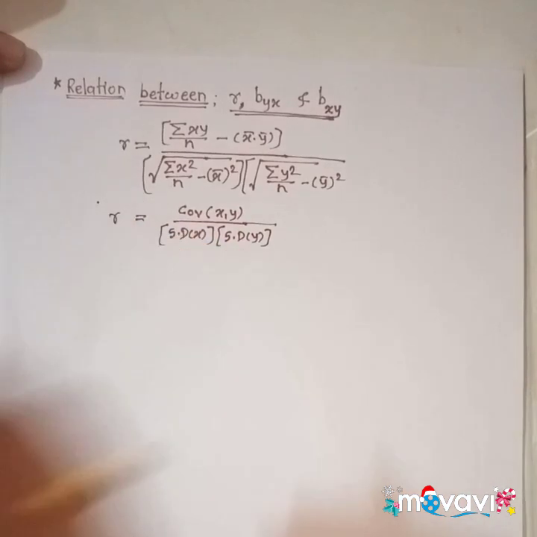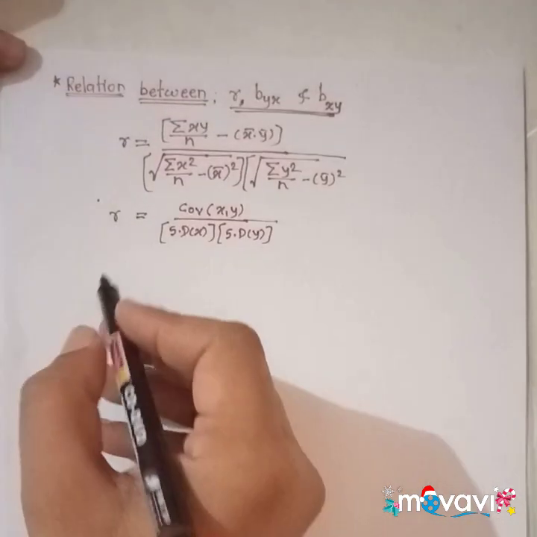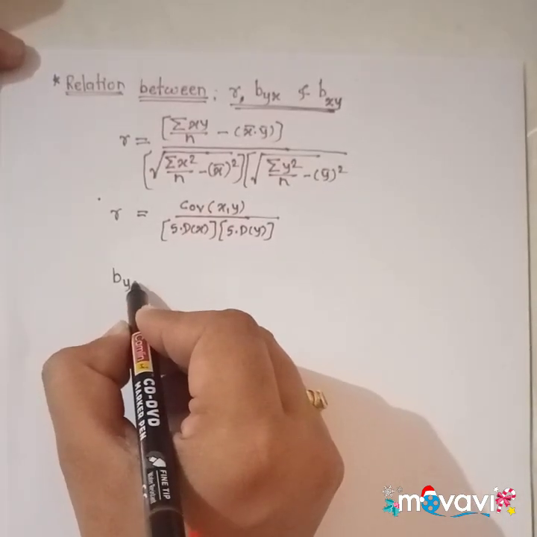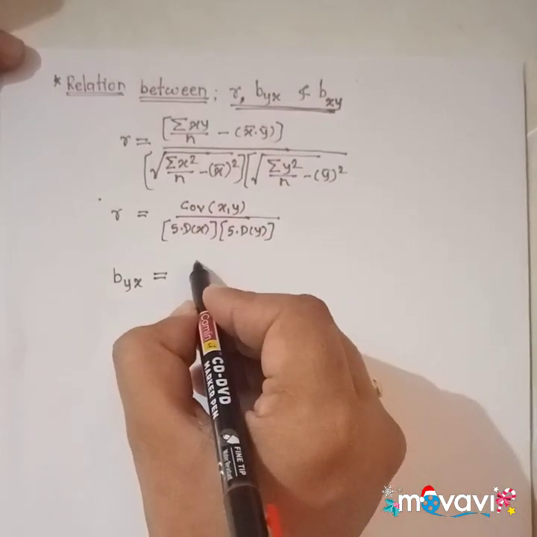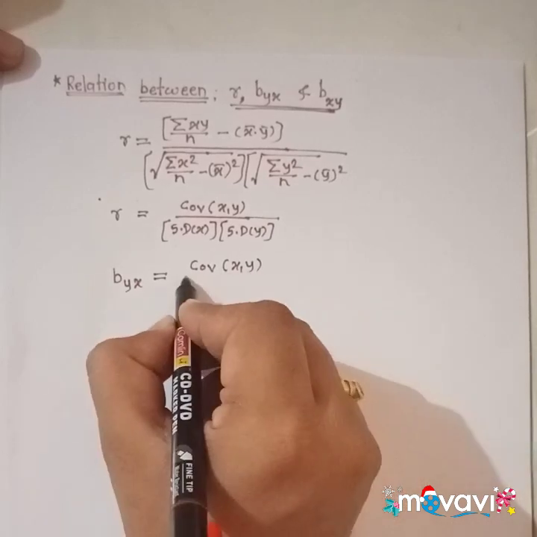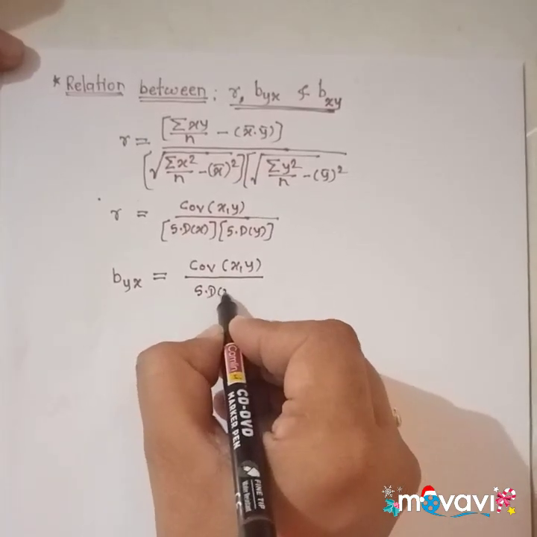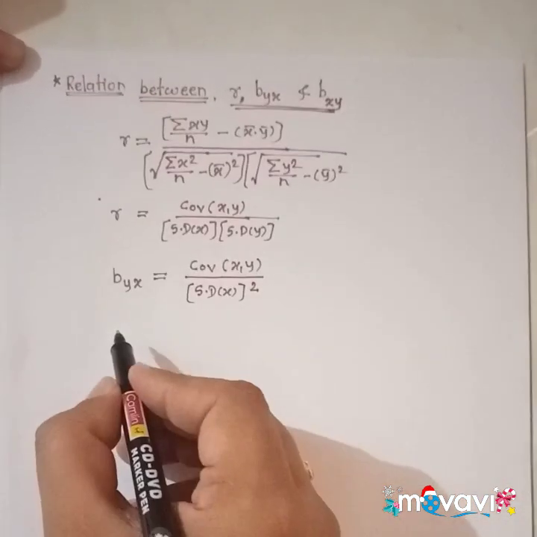to find Karl Pearson's correlation coefficient. Then also we know that formula to find regression coefficient Byx is covariance of xy upon standard deviation of x bracket square.